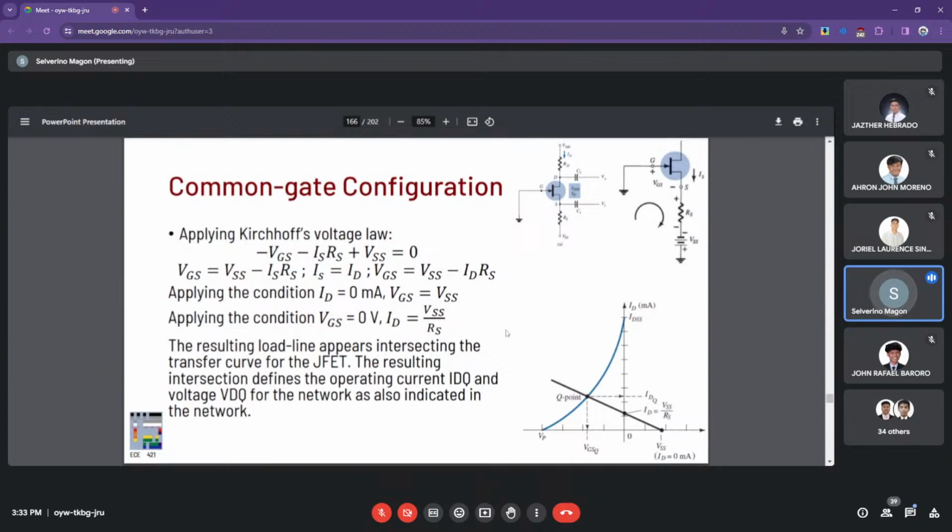And in the condition of VGS equal to 0, ID is plotted as your VSS over RS, since ID is equal to your IS as well.